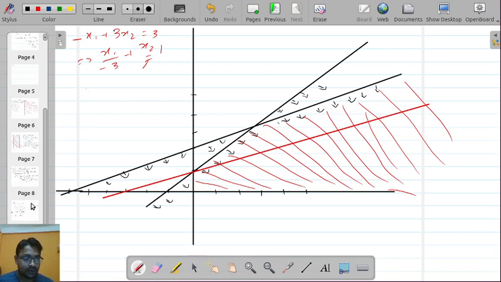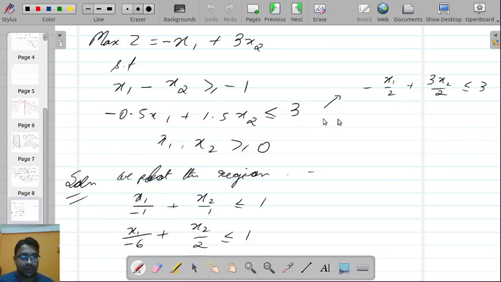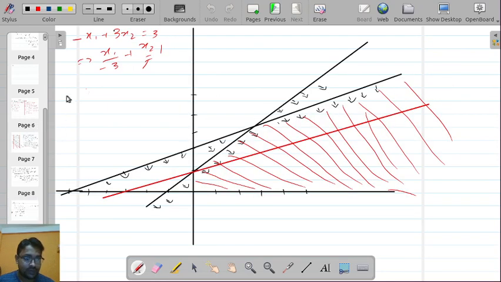This particular constraint is minus x1 plus 3x2 less than or equal to 6. See, why I told you that drawing the diagrams is very important. One of the constraints is minus x1 by 2 plus 3x2 by 2 is less than or equal to 3. So if you simplify, this is actually minus x1 plus 3x2 is less than or equal to 6.